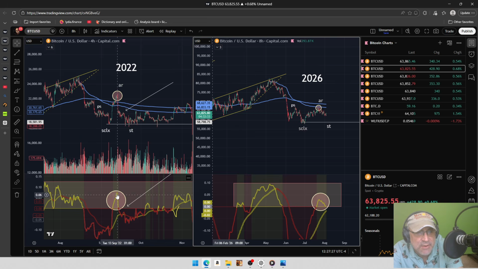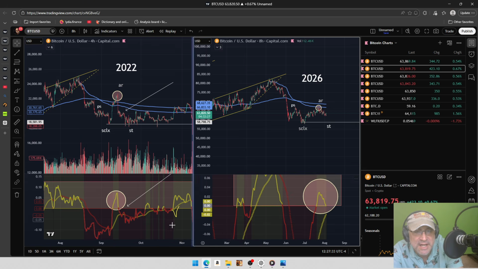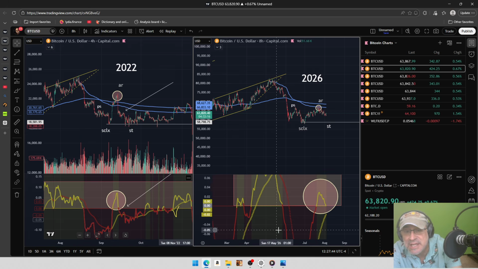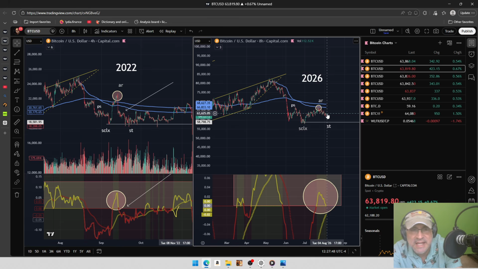Notice how it came back to the zero line within the vortex. This is what we're doing here. We came back to the zero line, and it looks like we're embarking upon going back into a triple red situation in the STH NUPL. So we're going to need some kind of catalyst to bring this down to mitigate the selling climax.